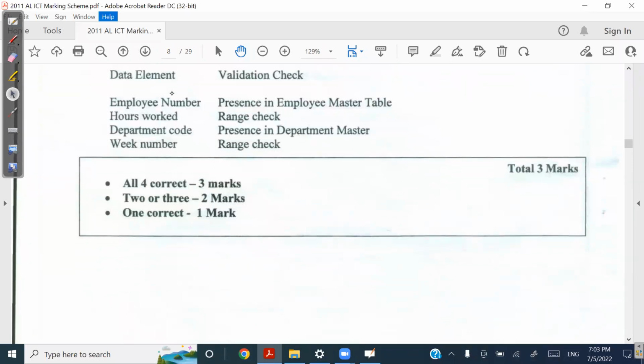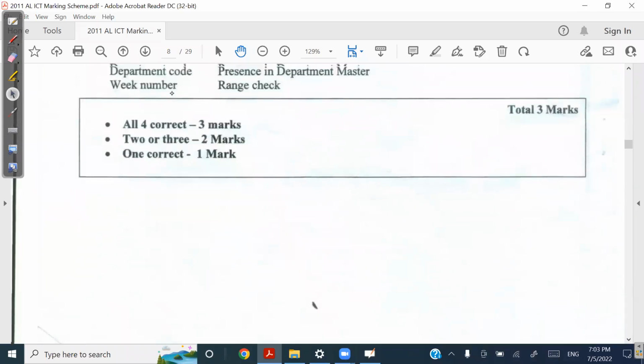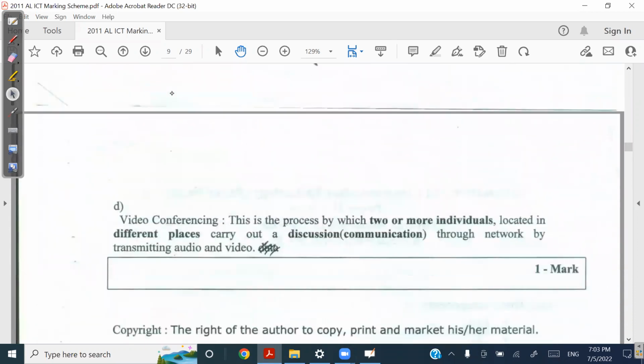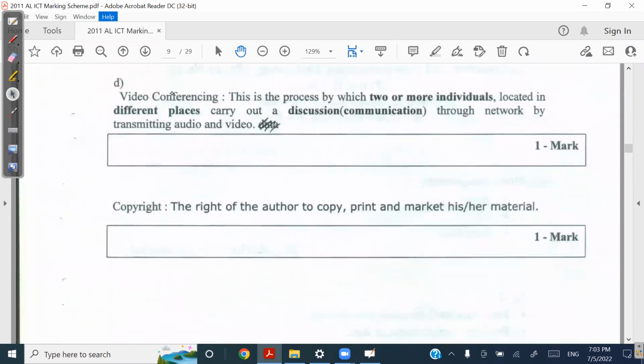Right, so 3 marks if you have chosen these properly. Then the last part is about video conferencing and copyrights. They ask you to explain it. So it must be something that goes parallel to this explanation.